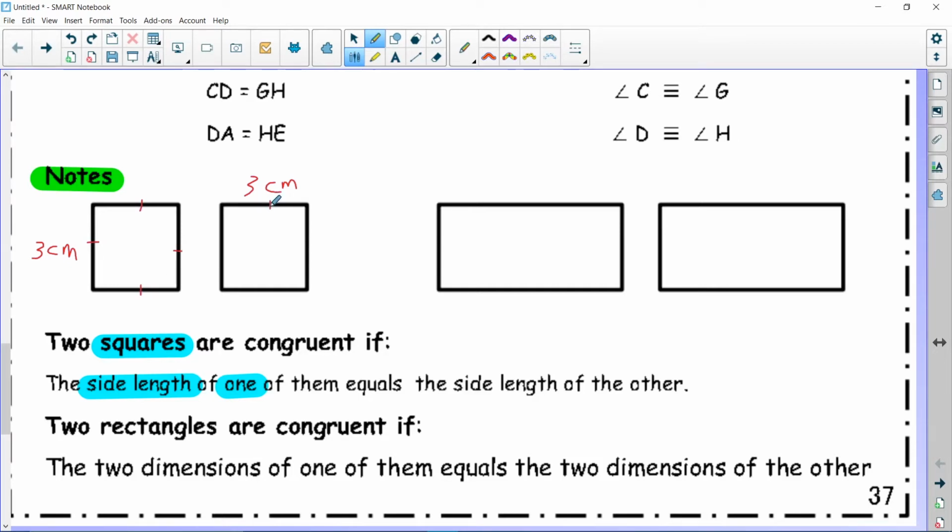If this side equals 3 centimeters, then all sides will equal 3 centimeters, and all the angles in the square are 90 degrees.